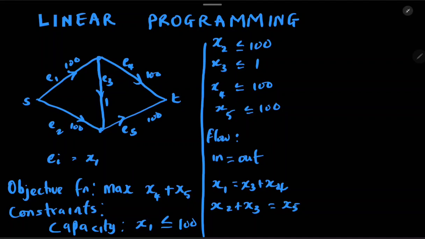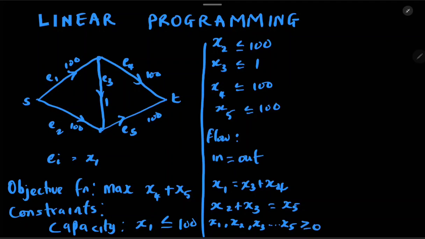And what else? I think that's it. So we also have that x1, x2, x3 up to x5 will always be greater than or equal to 0.